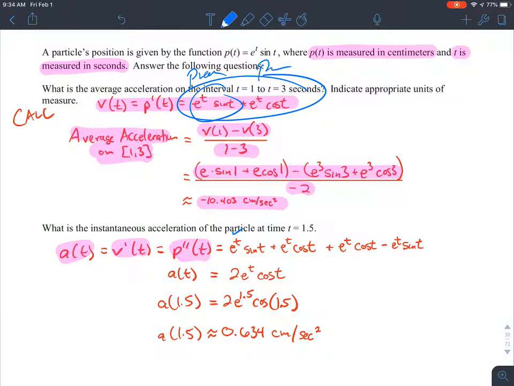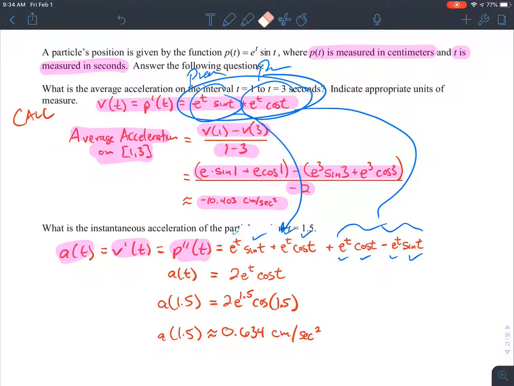Derivative of the first times the second plus the first times the derivative of the second. So that is all the derivative of e to the t times sine of t, plus this is the derivative of e to the t cosine of t. Derivative of the first times the second plus the first times the derivative of the second. Derivative of cosine is negative sine. So that is a mouthful.